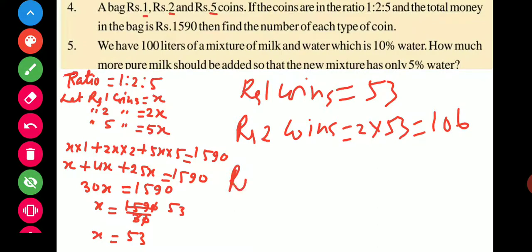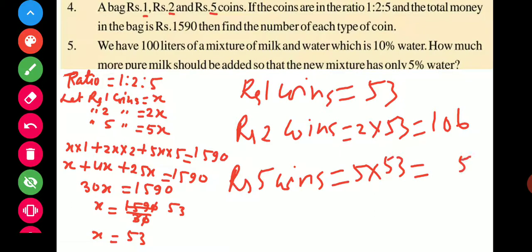And rupees 5 coins are 5x, so 5 into 53. 5 threes are 15, 1 carry, and 5 fives are 25, plus 1 is 26, so 265. So these are the answers. So you can write it very well.